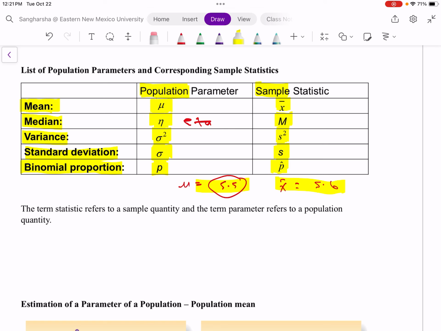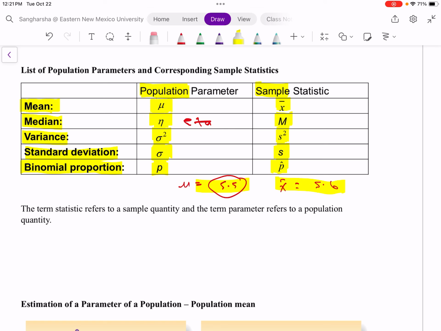So what does mu tell us? Mu is the average of a sample or a population? Population. So this 5.5 is the average height of people of United States. But that x bar, 5.6, is the average height of students of ENMU.